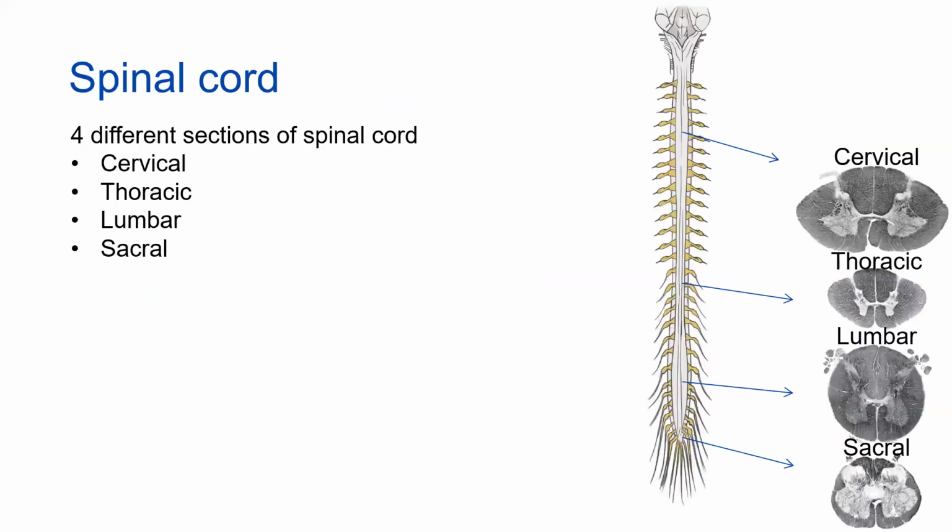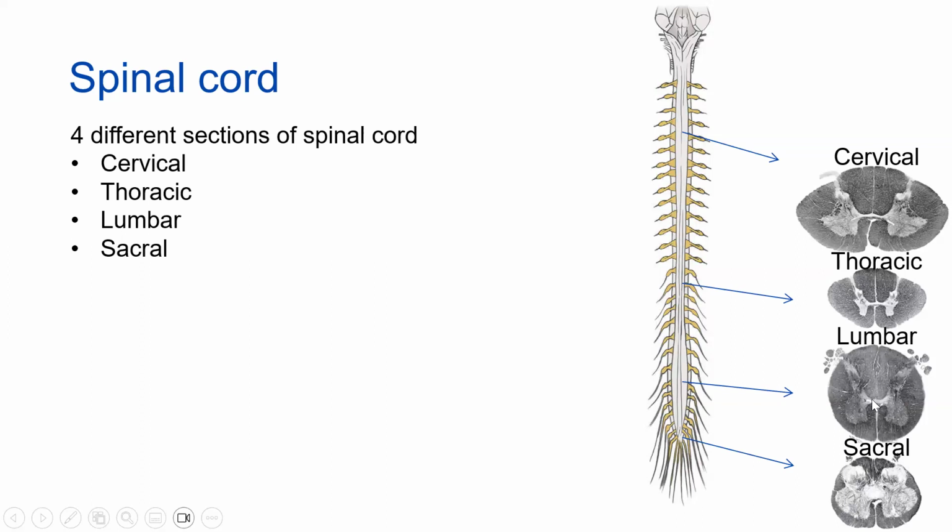Now getting into the spinal cord. There's 4 different sections of spinal cord: the cervical spine, thoracic, lumbar, and sacral. So I would suggest just being able to identify cervical from thoracic, lumbar, and sacral. Sacral, I guess, is the easiest to identify. Cervical is quite large. Lumbar looks like this H kind of butterfly structure.